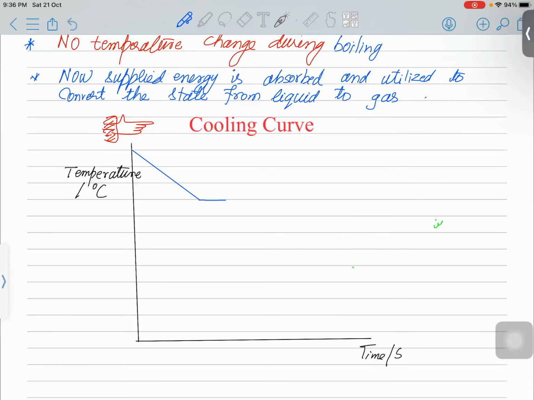Then we have constant temperature. Then again decrease the temperature. Then we have again a constant line. Then again decreases.